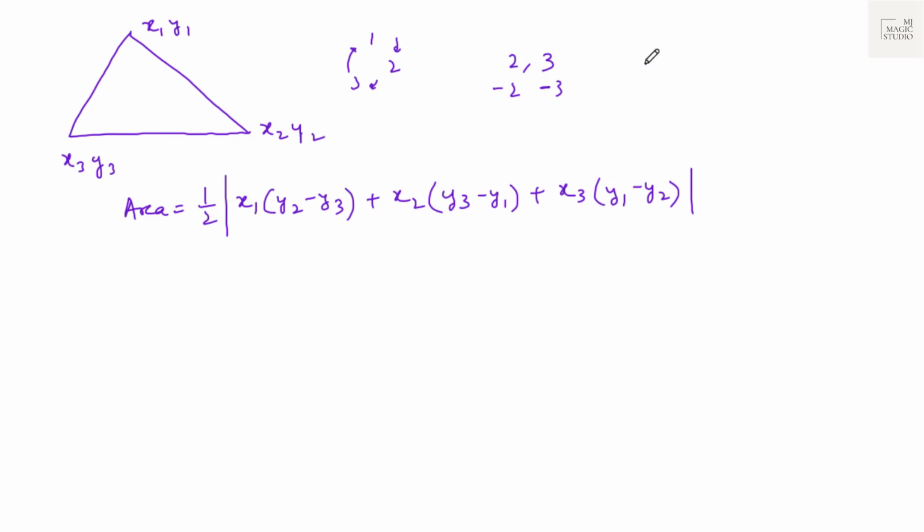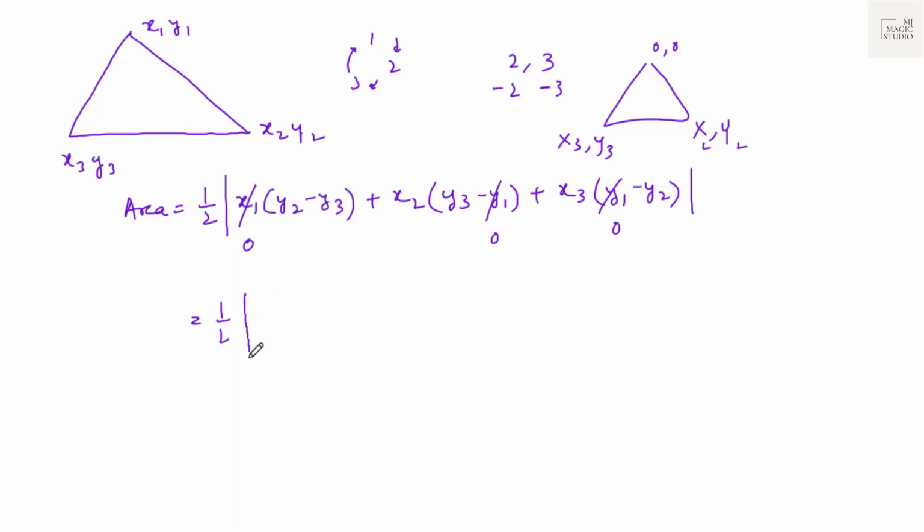Clear? So after shifting, it becomes 0, 0 and the new values become capital X2 and Y2, and capital X3 and Y3. So if you put small x1 and y1 as 0, this will become 0 and this will become 0.